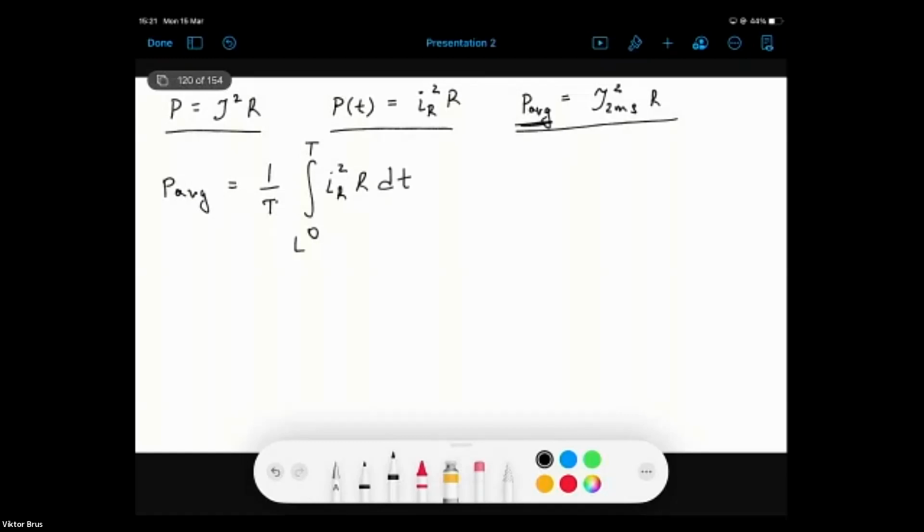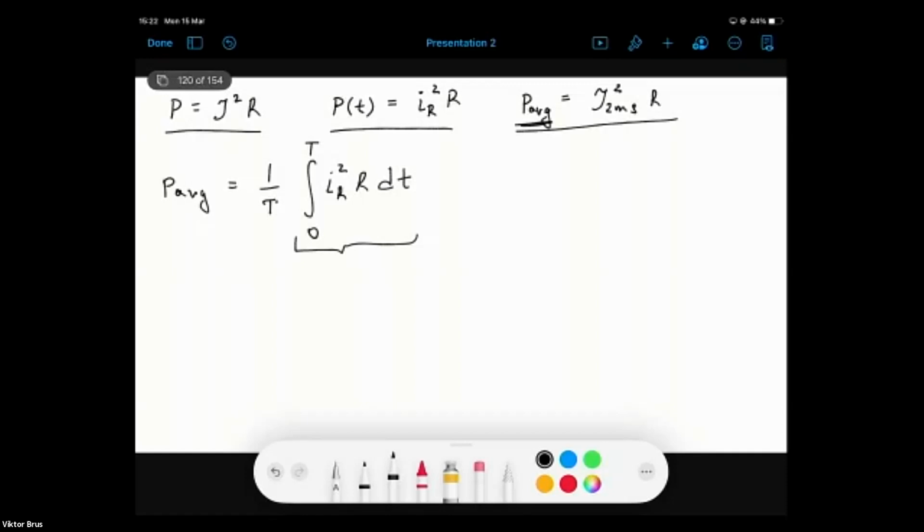This integral stands for the total energy delivered to the resistor in the time interval from 0 to T, so during one period. If we divide this by T, the length of the period, then we get some average power which is continuously delivered to the resistor during one period. And of course, it can be translated for many periods because they are all repeating, they are the same.